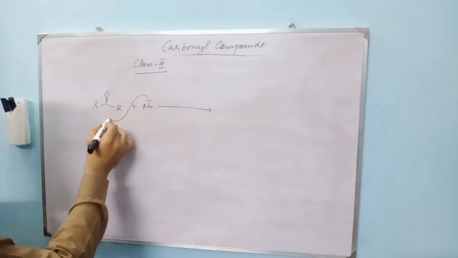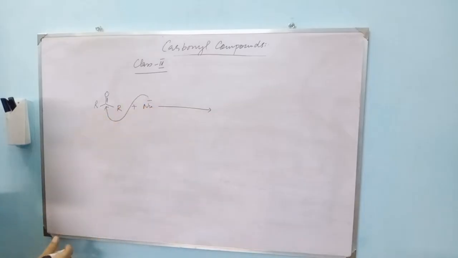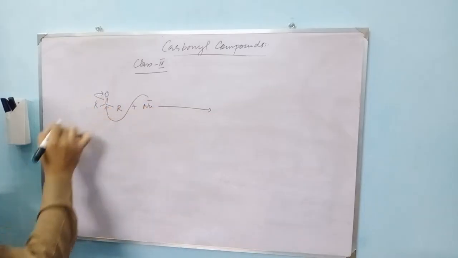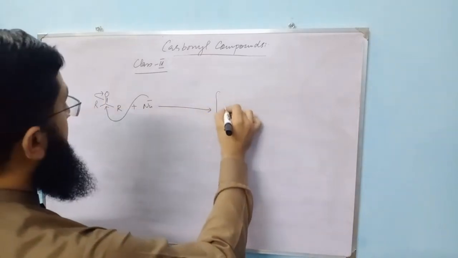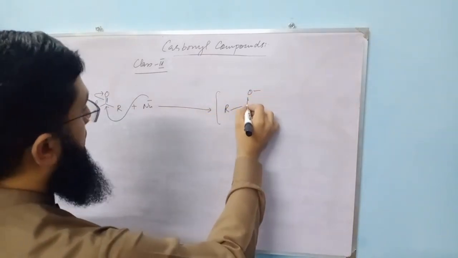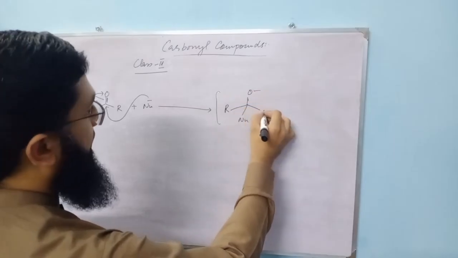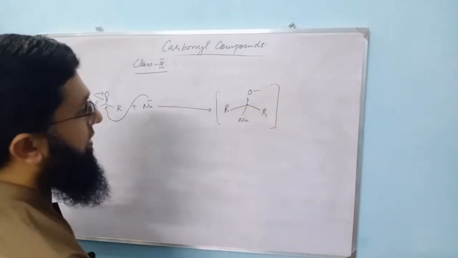Again, it would attack on the electrophilic center, that is the carbonyl carbon, and this bond would break, and as a result we will get this intermediate.